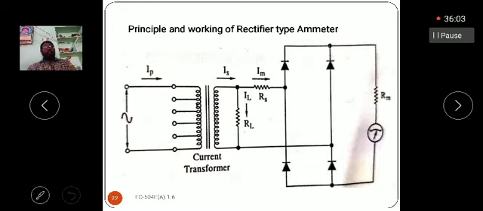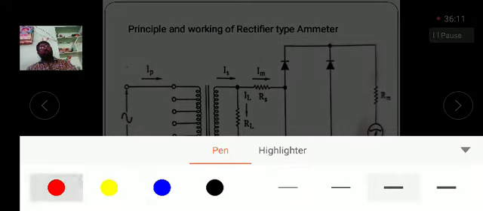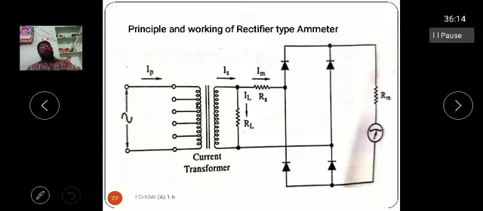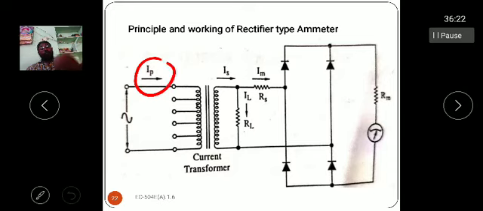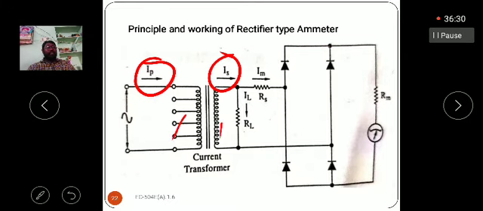And this is the circuit showing the principle and working of the rectifier type ammeter. Here we have the input AC signal. We are using the current transformer, where the primary winding current is IP, the secondary winding current is IS, with the number of turns NP and NS, and the meter current is IM.